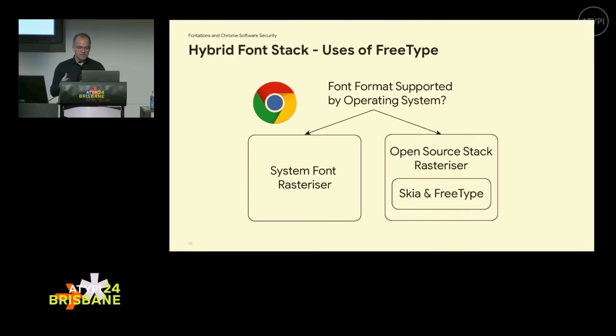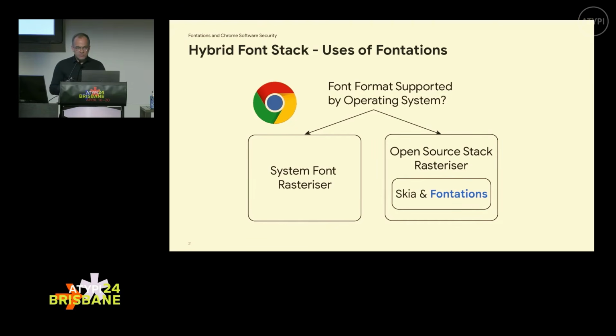So when do we use FreeType and when will we use Fontations? By default, we would usually invoke the system font rasterizer, CoreText or DirectWrite. But when the font that we want to display is in a format that the system rasterizer doesn't support, for example a CFF2 font or a color font, then we invoke the backend Fontations, or currently FreeType, but this will be migrating to Fontations.